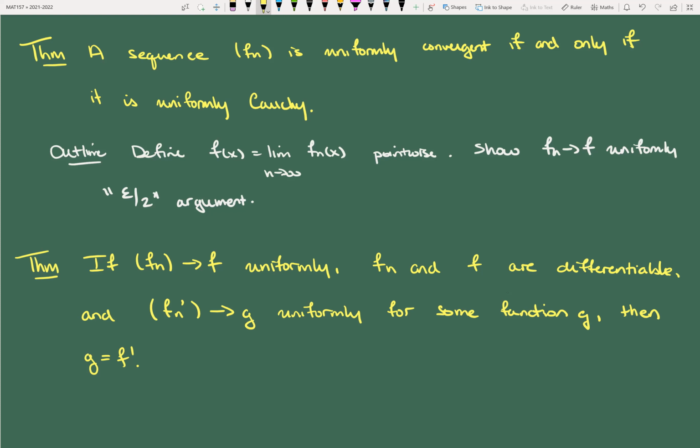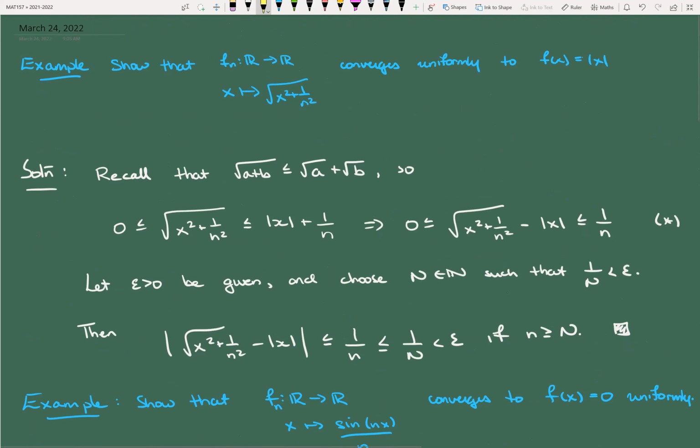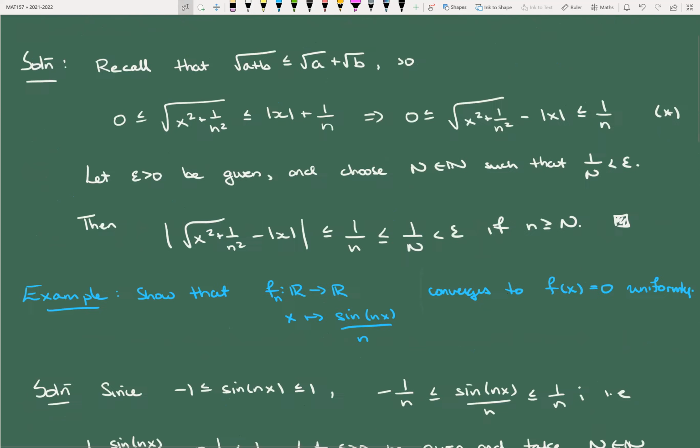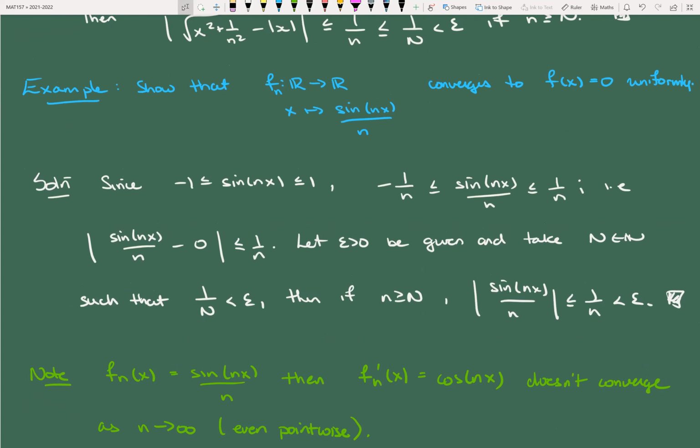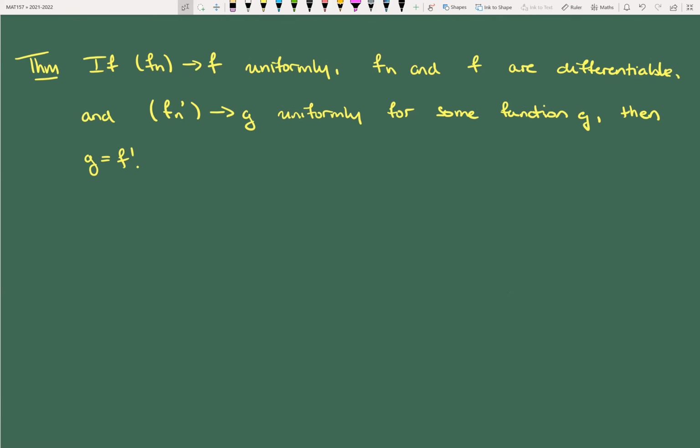In one of them, we didn't even have that they converged to something that was differentiable. In the sine nx one, we needed the derivatives to converge uniformly to something, and we don't have that because they don't even converge pointwise. So in this theorem, the f's have to converge uniformly, everything has to be differentiable, and the derivatives have to converge uniformly. If that happens, then whatever the derivatives converge to is actually the derivative of little f.